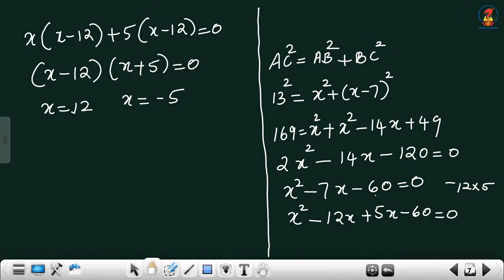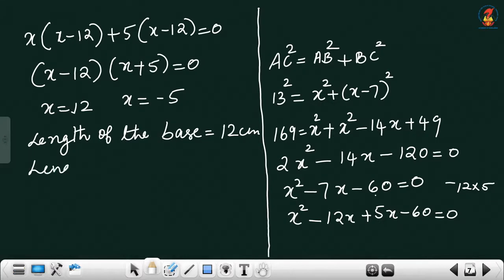The length of the base cannot be negative, so we can take the length of the base, that is what we have supposed as x, is 12 centimeter and length of the altitude is x minus 7.